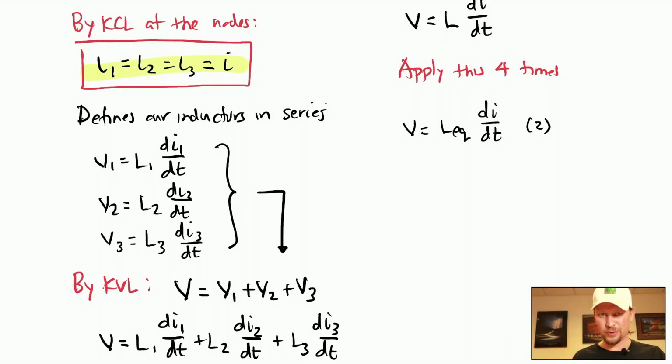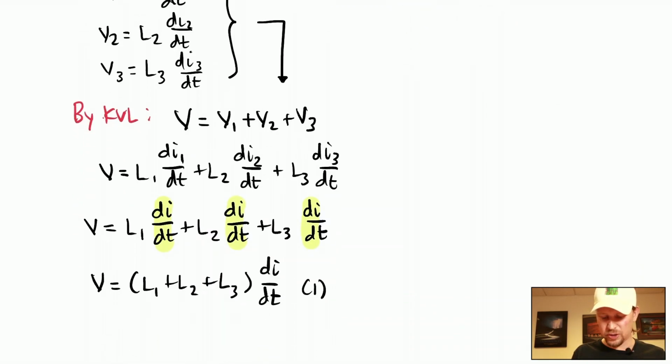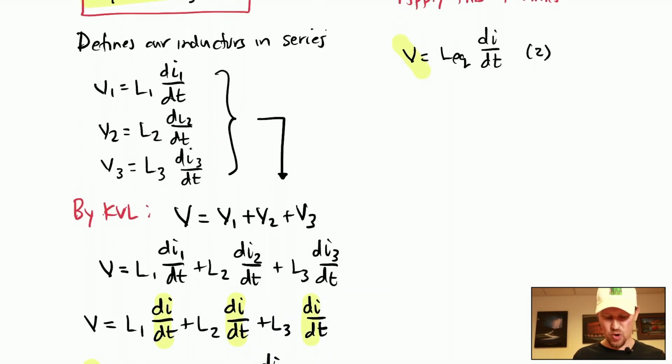By equivalent circuits, if the circuits are going to be equivalent, then this voltage, that voltage must be the same. Otherwise, they are not equivalent circuits. So by equivalent circuits, I can equate equations 1 and 2.